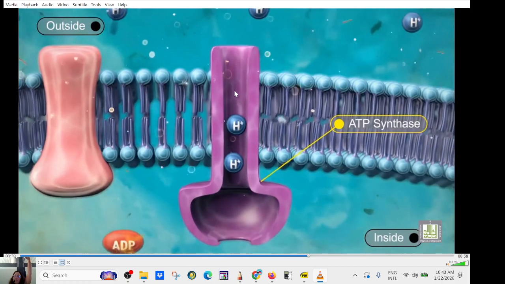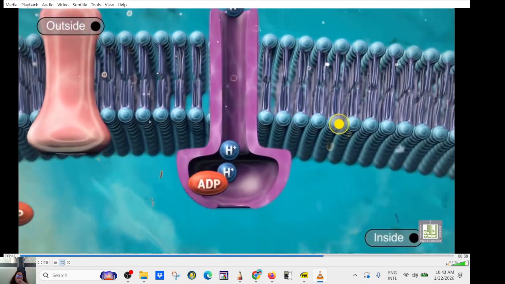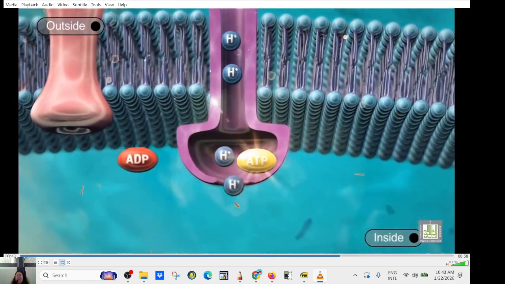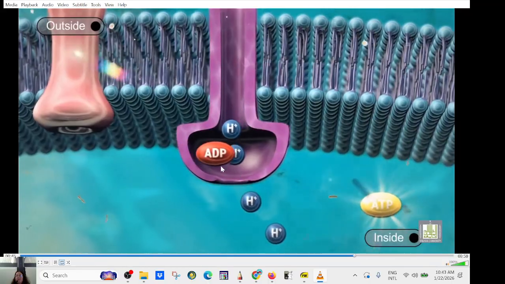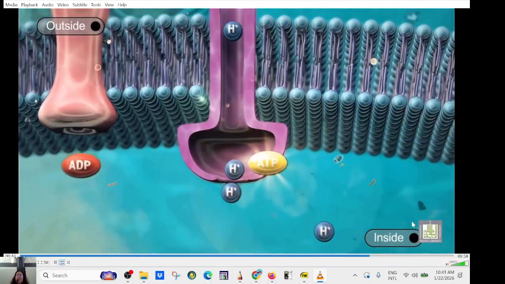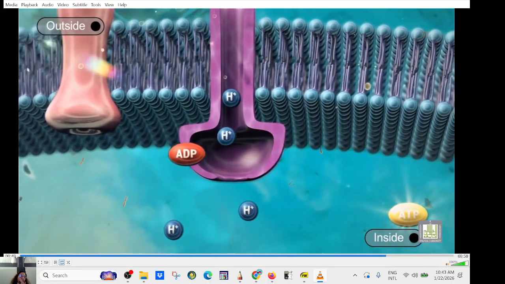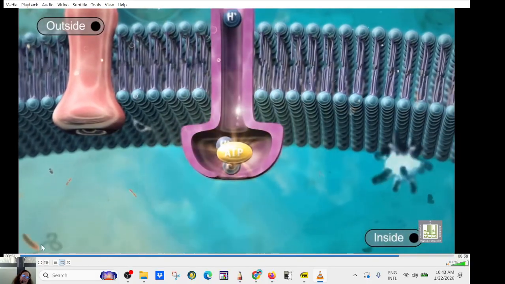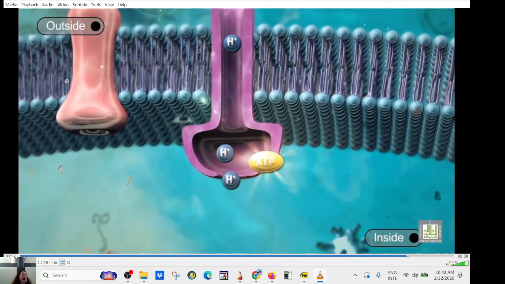They go through here. There is something that will rotate and phosphate something, and then you have ATP. Super interesting. And when you take creatine, you make this more efficient and faster, right? You increase the making of ATP.